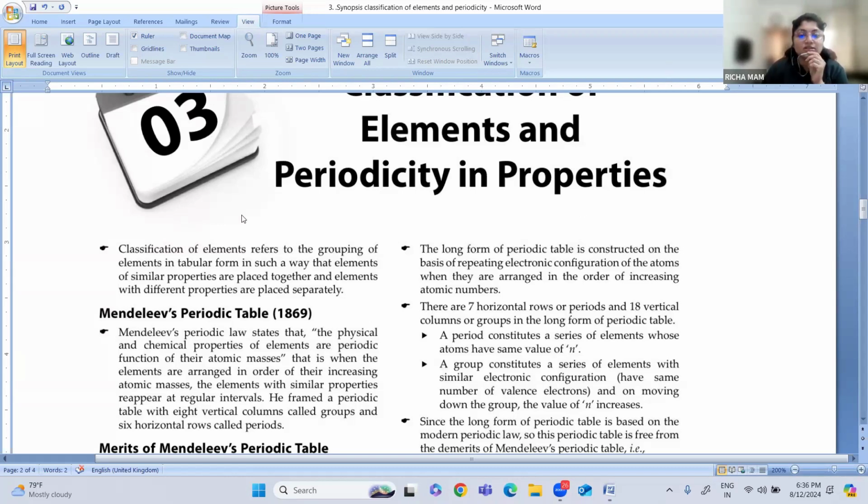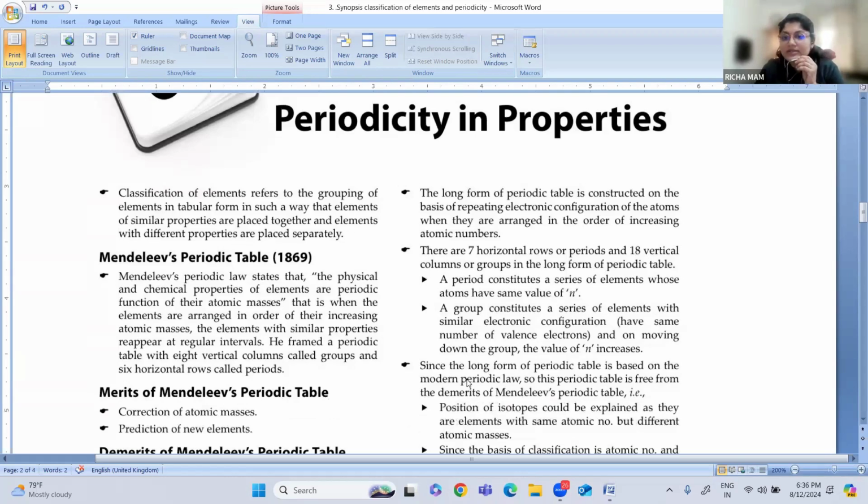What are the important points from this chapter? Mendeleev's periodic table is one of the important concepts. So what was Mendeleev's periodic law? Mendeleev's periodic law states that the physical and chemical properties of the elements are periodic functions of their atomic masses.